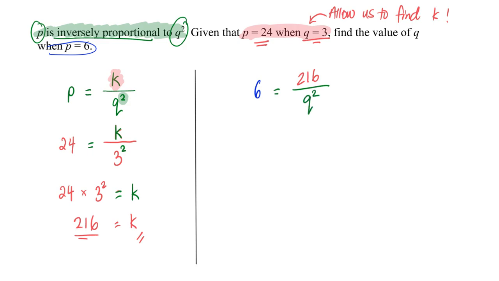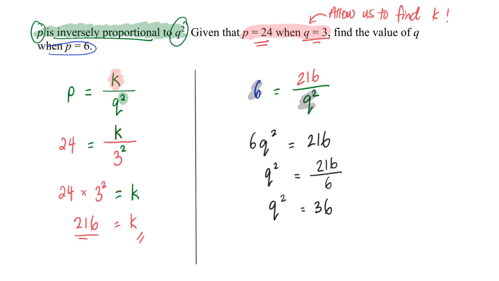Because now I'm going to multiply Q square on both sides. So that the next line will be 6 times Q square. I still have my 216 here. I'm going to divide by 6 on both sides. 216 divided by 6. 36.